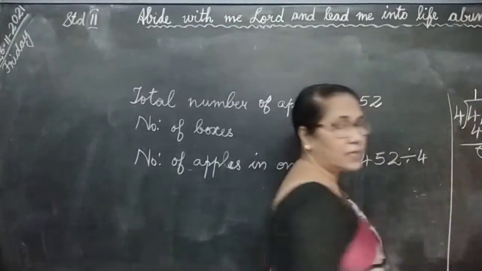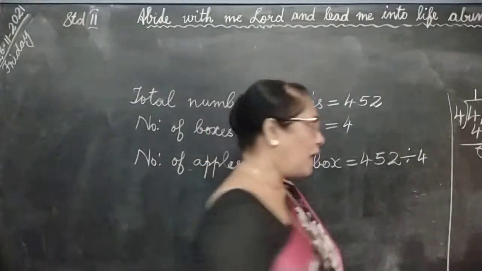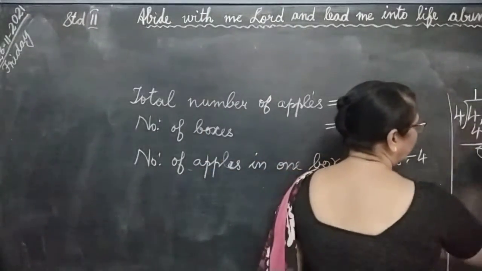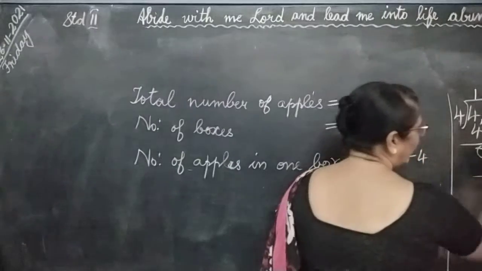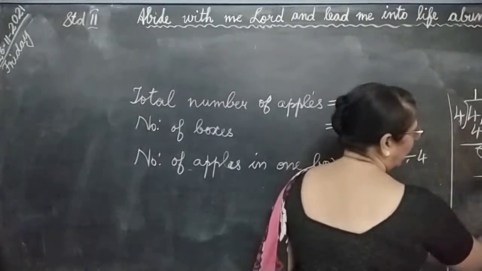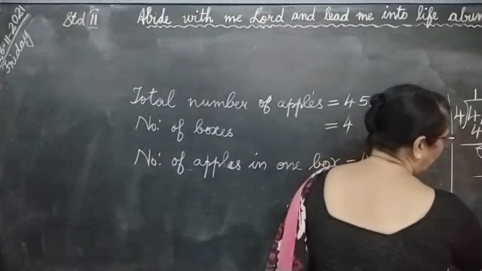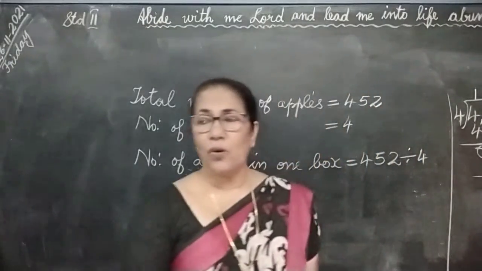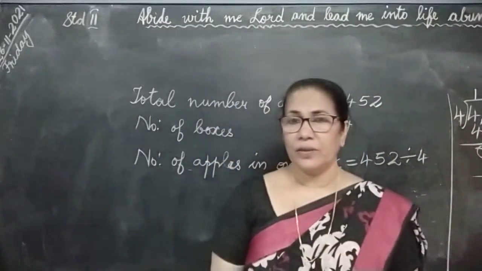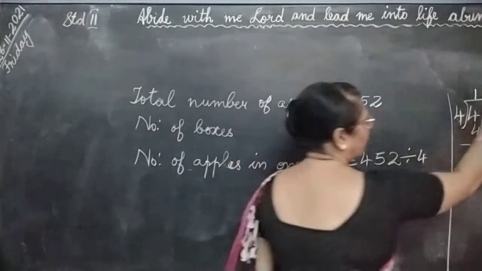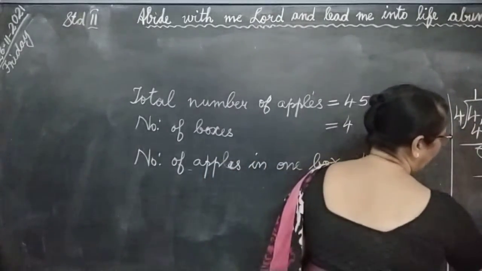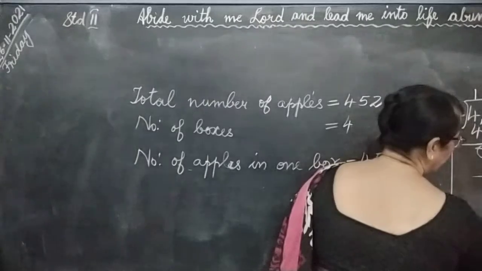How many 4s are there in 5? 1. Very good. 1 four is 4. Now 5 minus 4 is 1. Now bring the next number down. 12. How many 4s are there in 12? 3. 3 fours are 12. 12 minus 12 is 0.